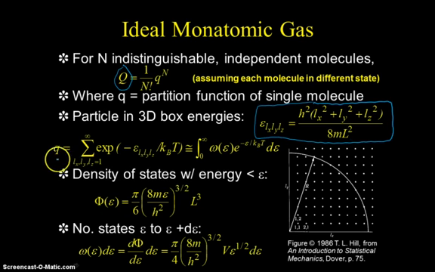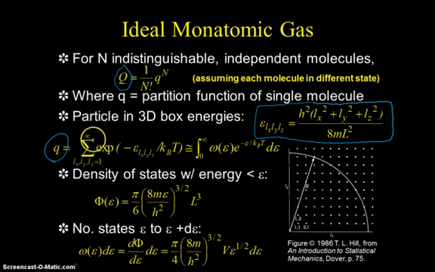So if we want to calculate Q, the partition function of the system, we take the sum for Lx, Ly, and Lz going from 1 to infinity. Sorry, I should be clearer: L is the length of the box, and Lx, Ly, and Lz are integers that define the state of the system.